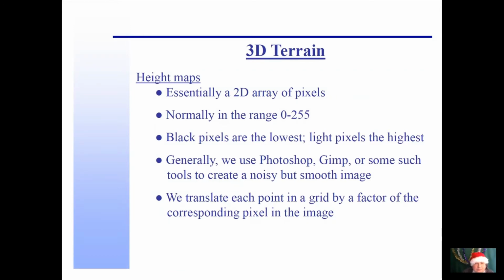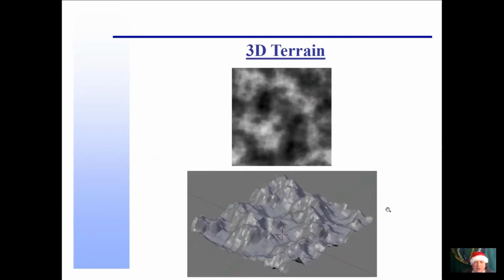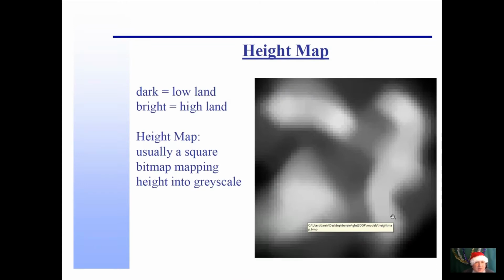smooth and nice. We translate each point in a grid by a factor of the corresponding pixel in the image. And the result is like this. This is the height map, and this is the resulting terrain. All right, so this method really works. Basically, that's the terrain that I will show you in a moment.